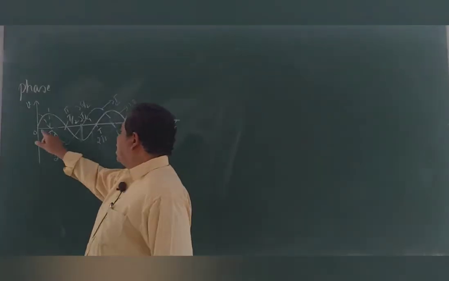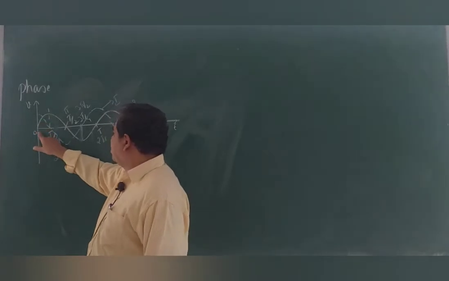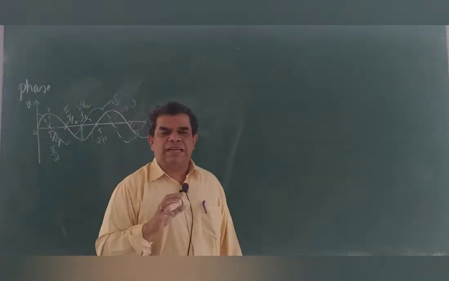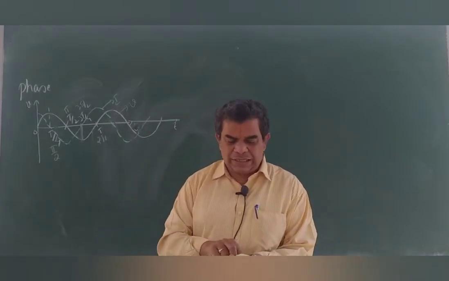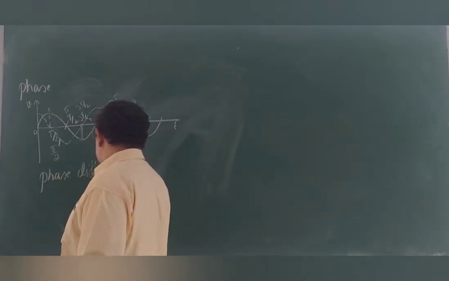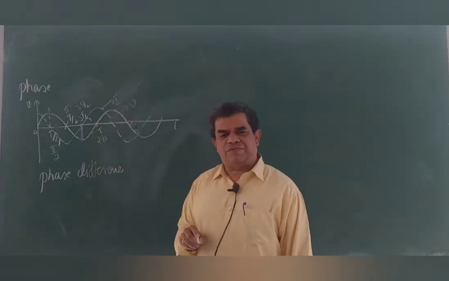Observe, when voltage is 0, current is maximum. When voltage is maximum, current is 0. There is a time gap in attaining the maximum and minimum between voltage and current. This is what we call phase difference.